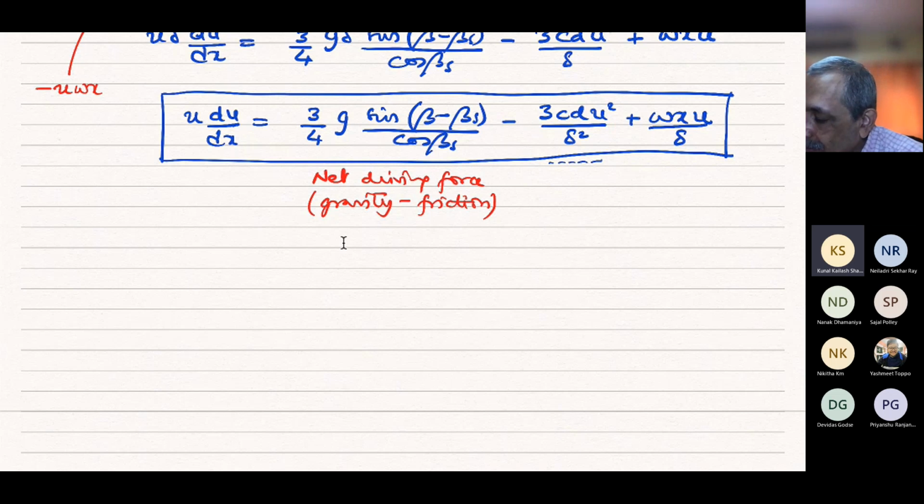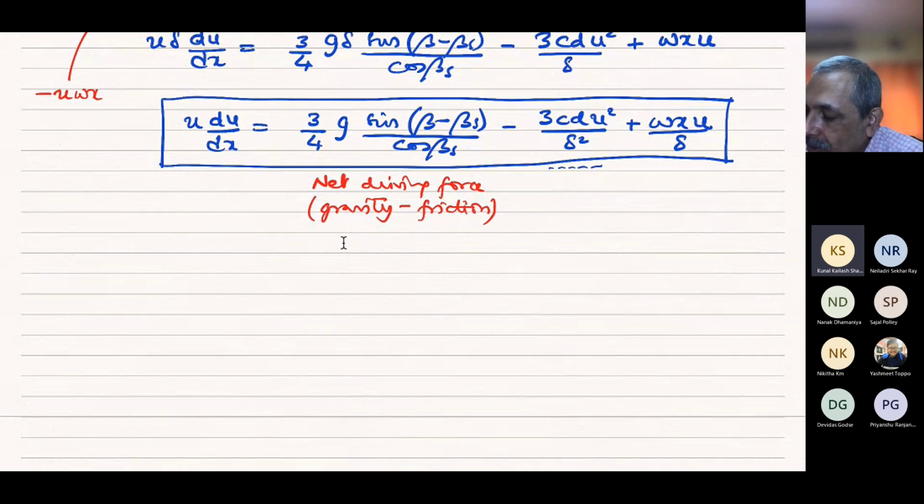Okay, so that's correct. Let me continue with what I was trying to explain. So this is the acceleration, and this acceleration depends on the net driving force.